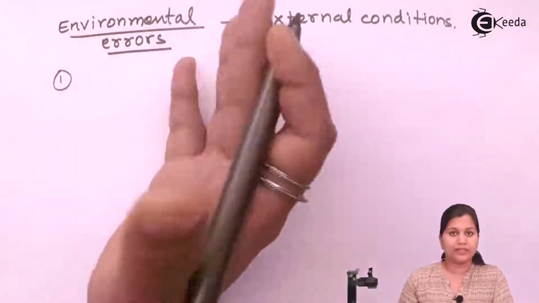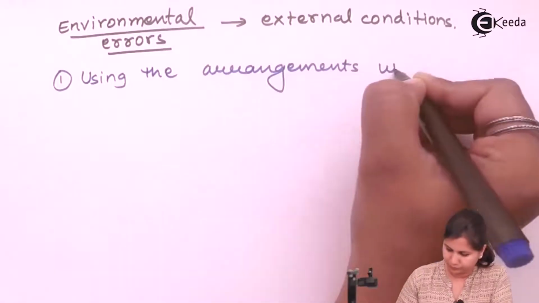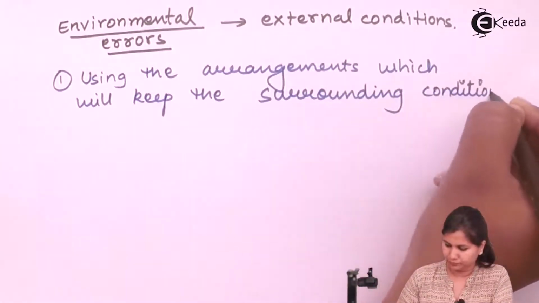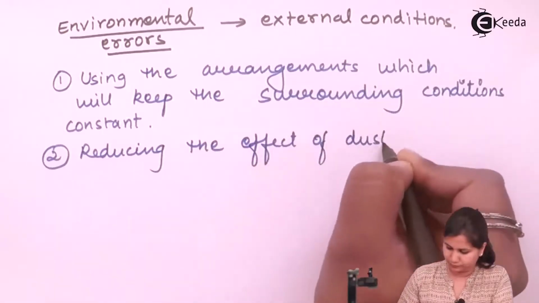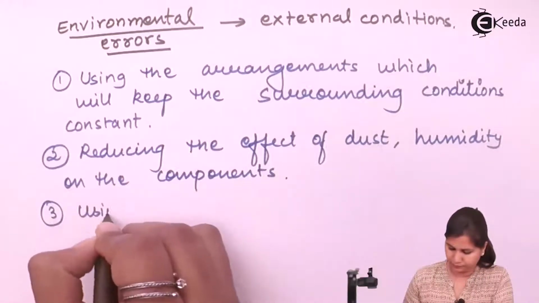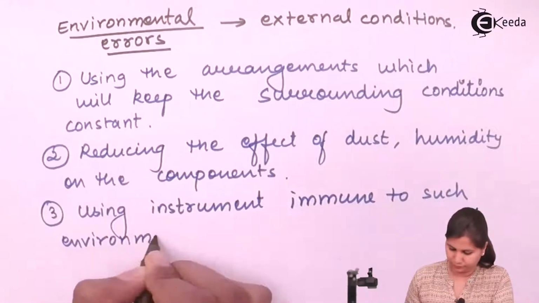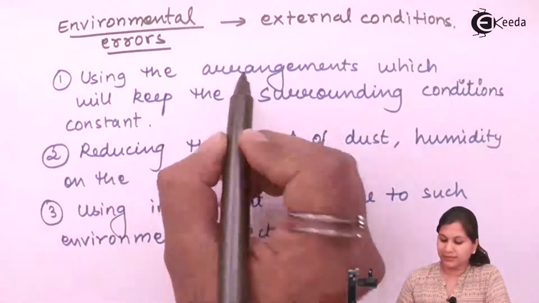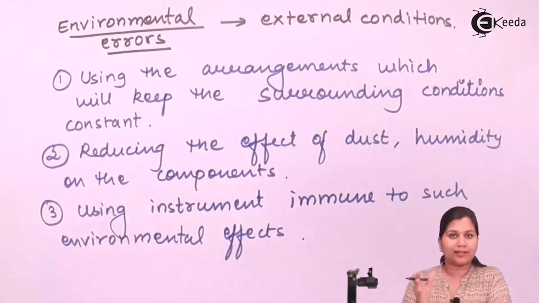So how can we reduce the environmental errors? We can reduce these environmental errors by using some type of arrangements which will keep the surrounding conditions constant, because if the surrounding conditions are changing, that is going to create the error.